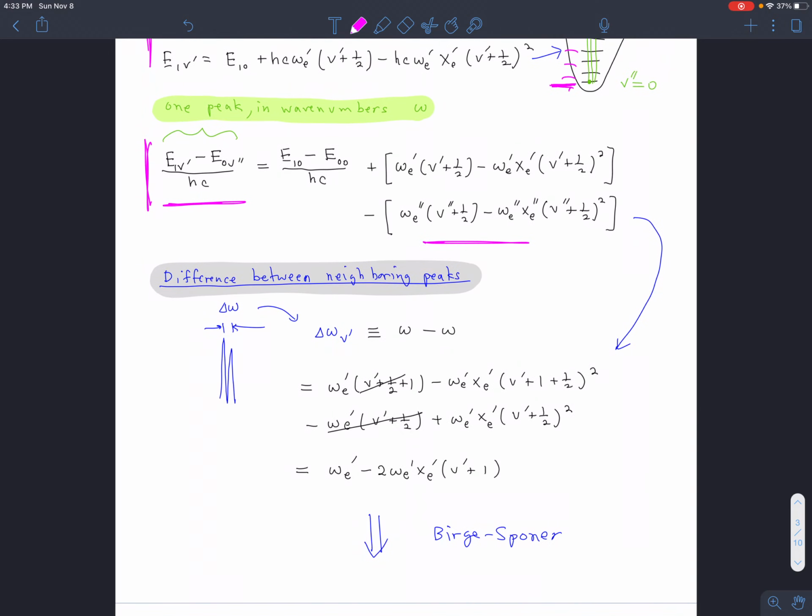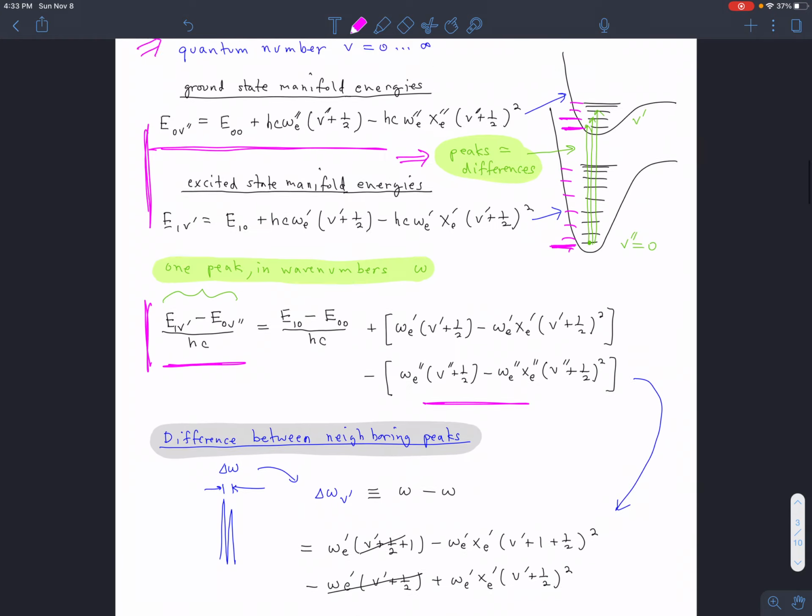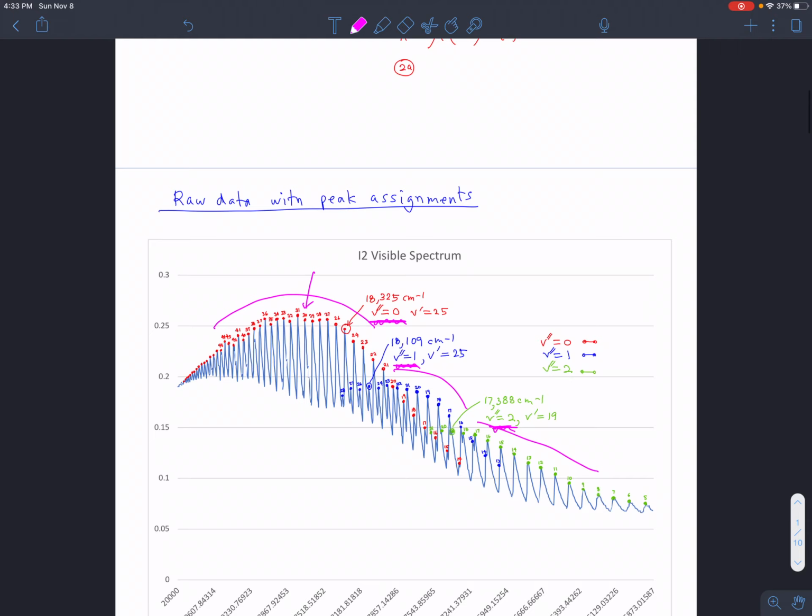To make that simpler, we take differences between adjacent peaks. So that means taking differences between neighboring peaks. So for example, between 30 and 31 here, or any other pair that are neighbors to each other.